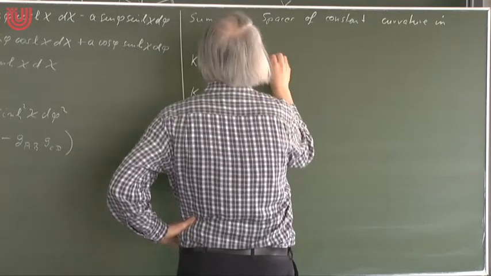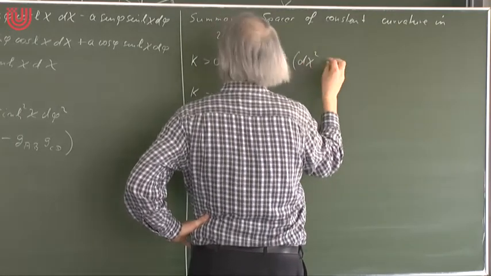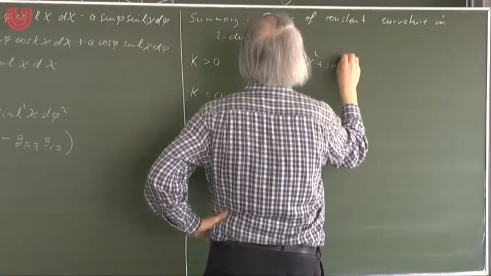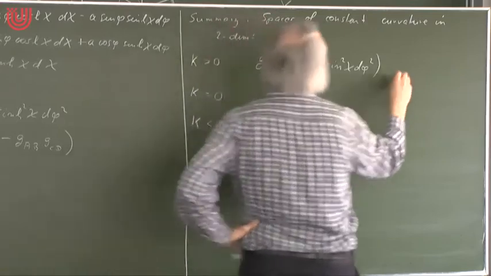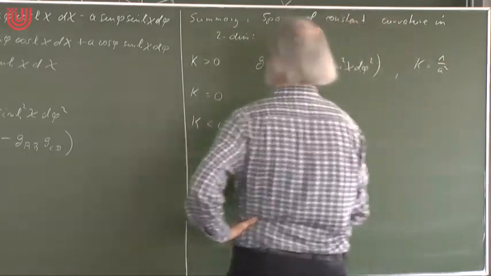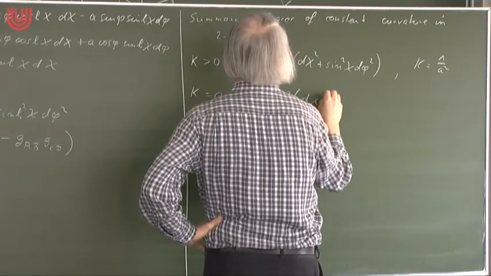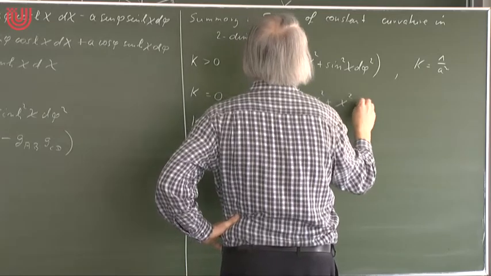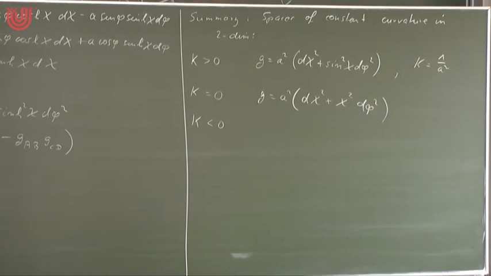So here we have the metric a squared d chi squared plus sine squared chi d phi squared, and k is 1 over a squared. Here we have a squared d chi squared plus chi squared d phi squared, and k is of course 0, as I've written already.